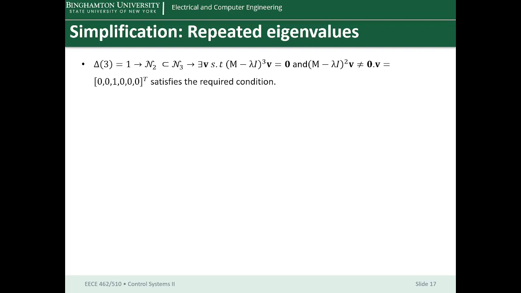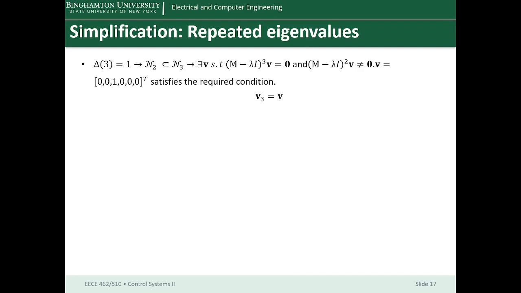It's easy to verify that the vector v equals 0, 0, 1, 0, 0, 0 satisfies this condition. It belongs to the null space of M minus 2 times I to the power of 3, but it does not belong to the null space of M minus 2 times I to the power of 2. This will be our starting vector for the generalized chain. Now that we have this top-level vector, let's call it v3.